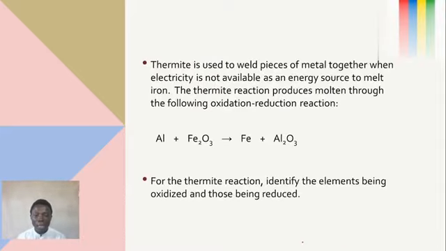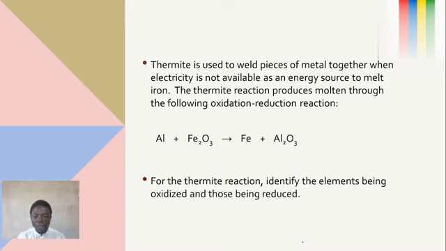Thermite is used to weld pieces of metals, especially when the source of electricity is not there. So we use it as a source of electricity. The principal process involved is an oxidation-reduction reaction.